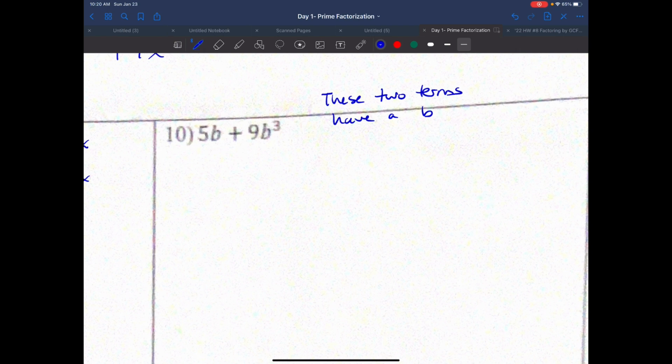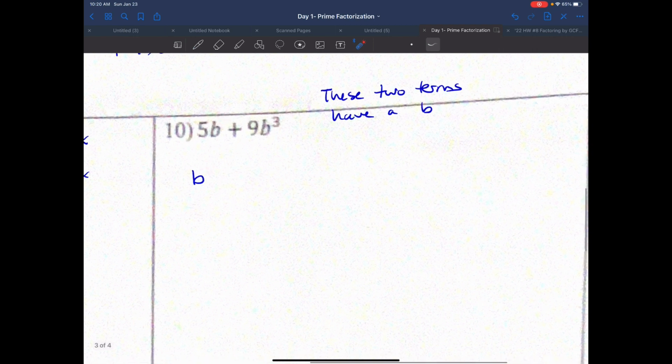Well, we know that b can go into b, right? b divided by b is 1. And then b goes into b cubed, because b cubed divided by b is b squared. So I'm going to write b here, and then think of the lowest degree. I'm just going to leave it as is, actually.